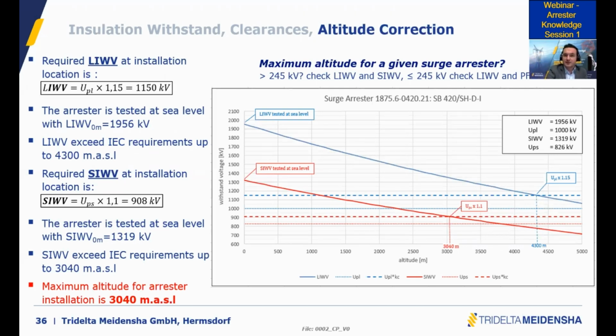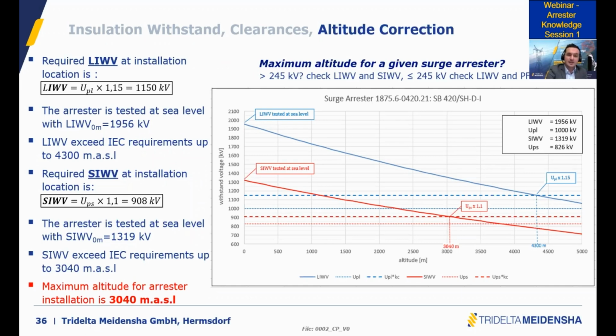We have here the same protection level as before. In that case, we took a surge arrester with a rated voltage of 420 kV, so for a 550 kV system. You can see that the lightning impulse residual voltage is 1,000 kV, and the switching impulse residual voltage is 826. Similar values as before, just to keep similar examples.